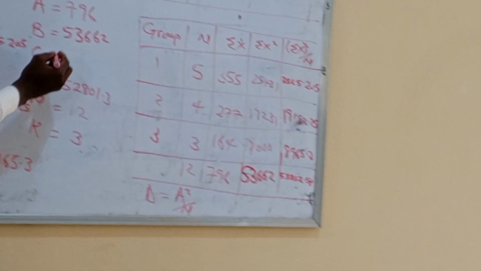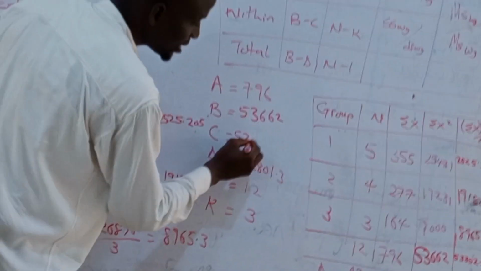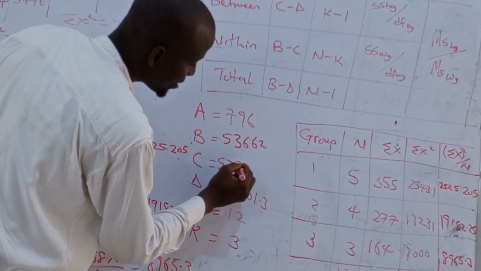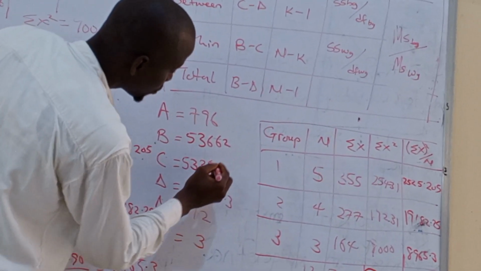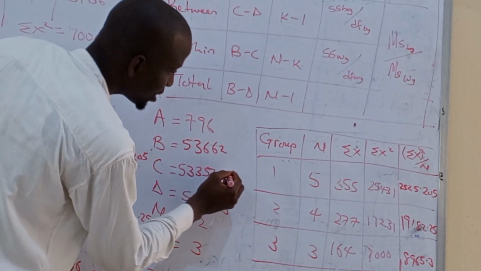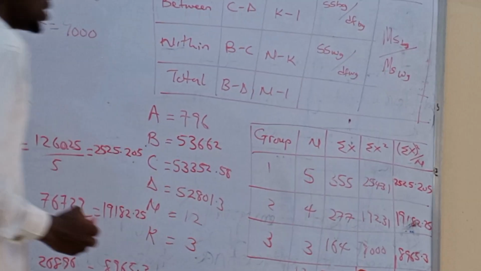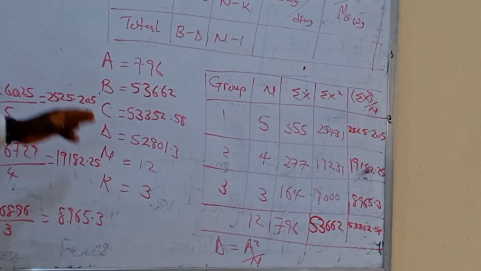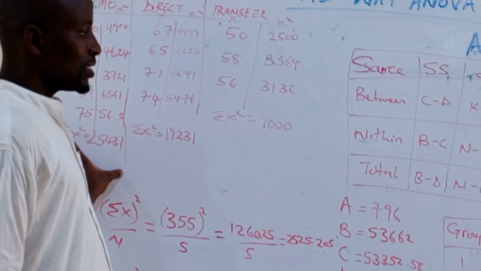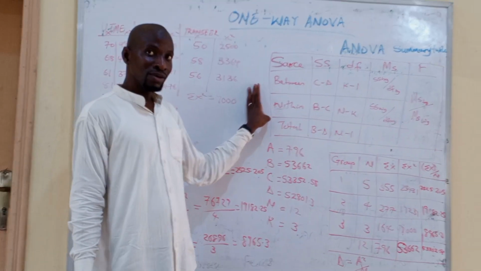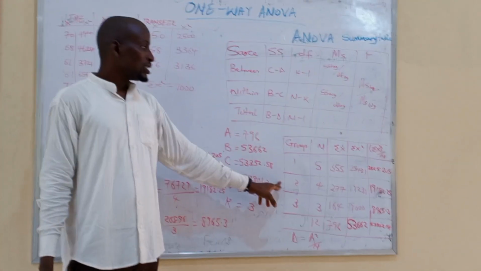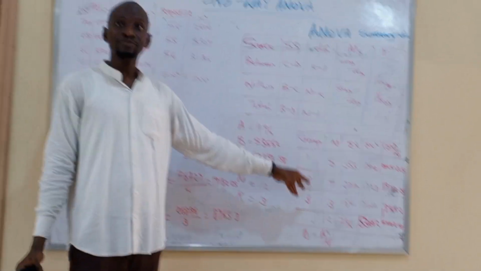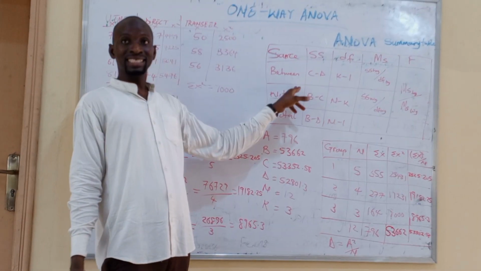So our C now will be 53352.58. If you look at what we have done so far, we have this question, this summary table, and this table that is also a summary of what we expect to find so that we can get here.